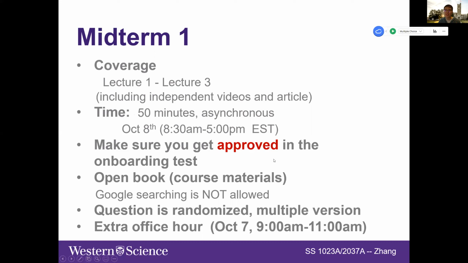For students who weren't able to open the link in the program, try Chrome rather than Firefox, because I noticed Firefox doesn't work for some students. That could be the reason you didn't get approved.